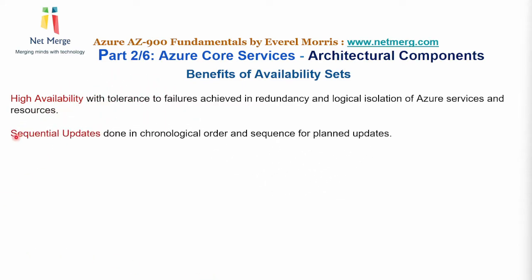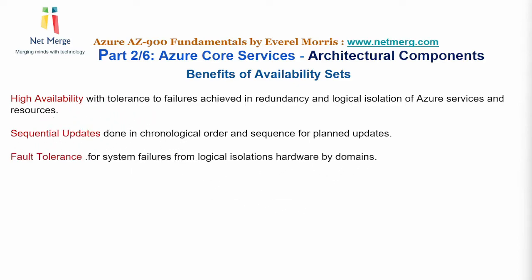Now you can understand what sequential update is, how it is done, and why it is done in chronological order. That's why I said to just think about that one, but not try to understand it too much at that point, because now you have a better understanding of what sequential update and chronological order are. So that is a benefit of having the availability set.